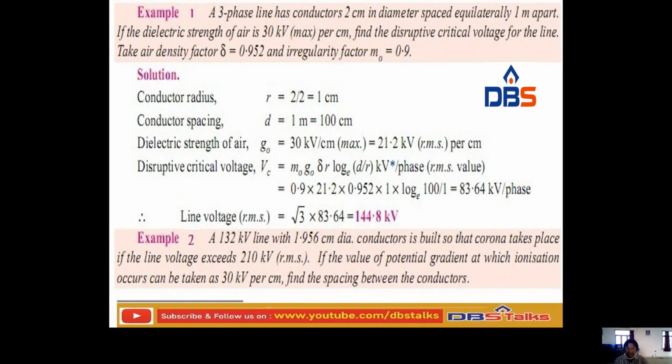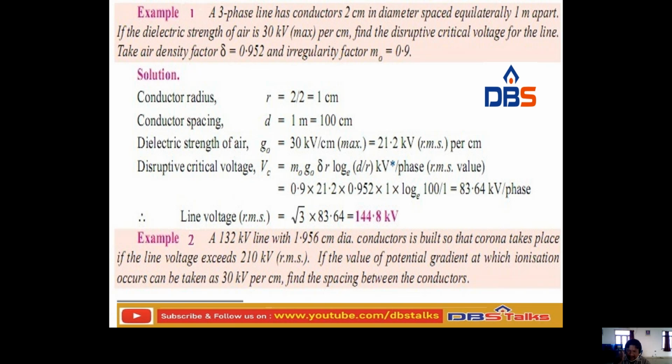Now, what are the given data? Conductor radius r: they gave the diameter as 2 cm, so the radius is d by 2, that is 2 by 2, which is 1 centimeter. Now conductor spacing, that is nothing but the distance: spaced equilaterally 1 meter apart, that is 1 meter.